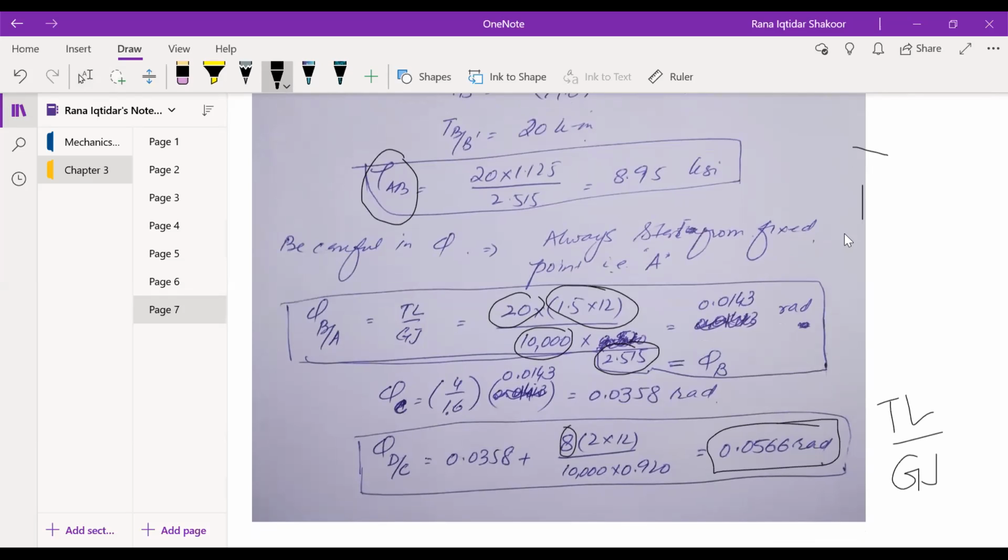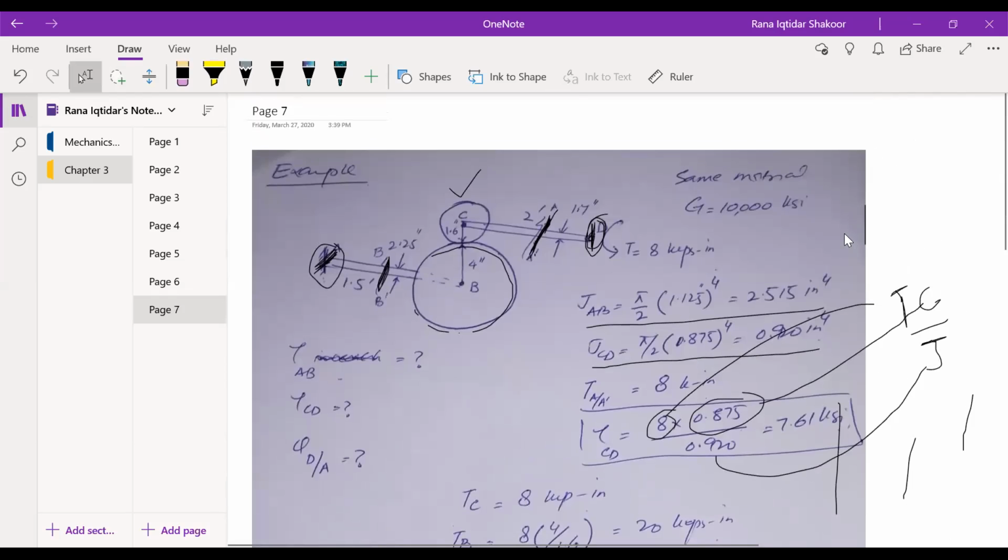So ultimately this particular point D will be moving with respect to this point A. This is how you need to calculate. You have to be very careful.